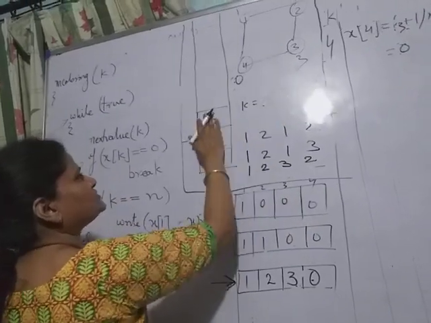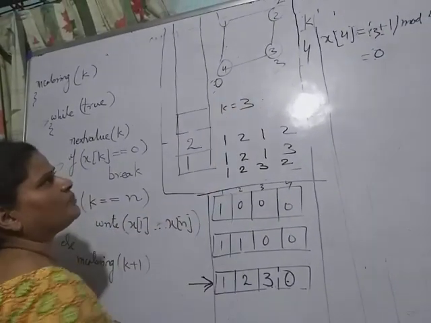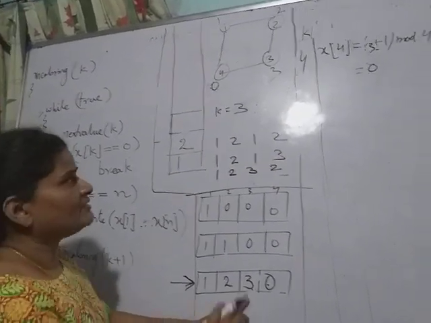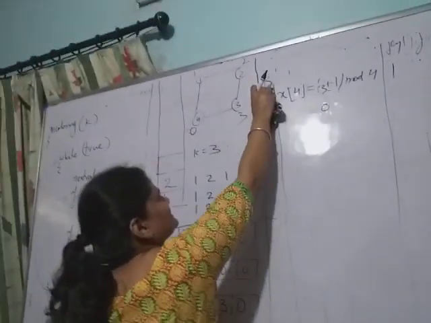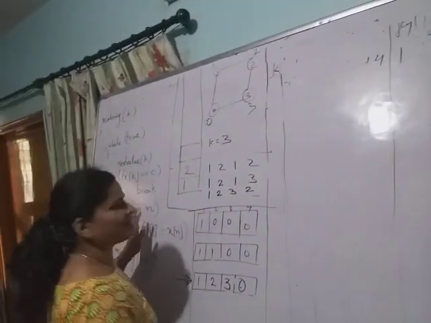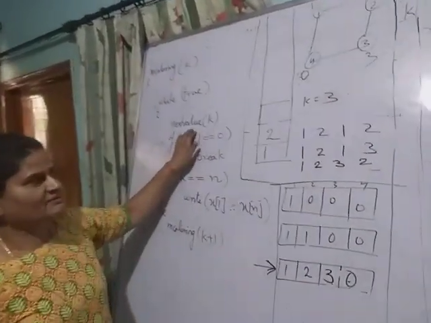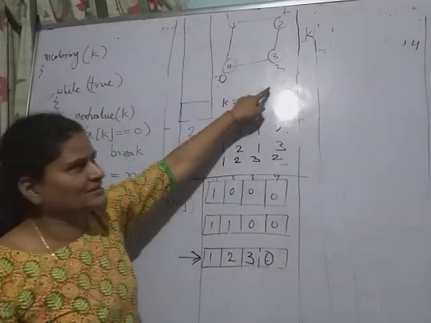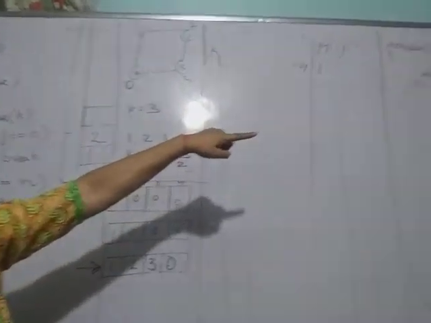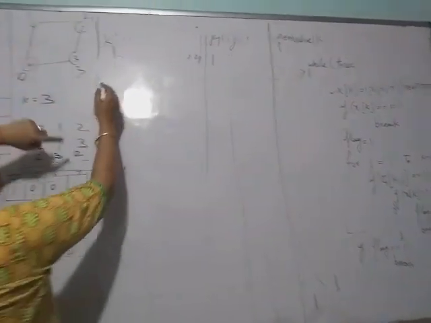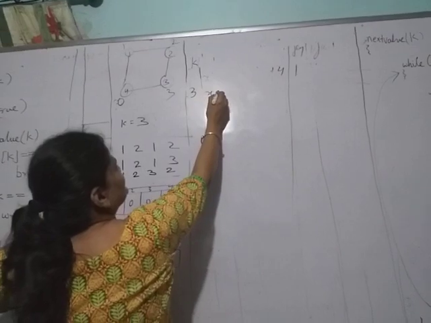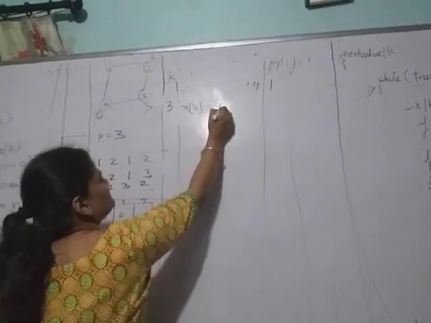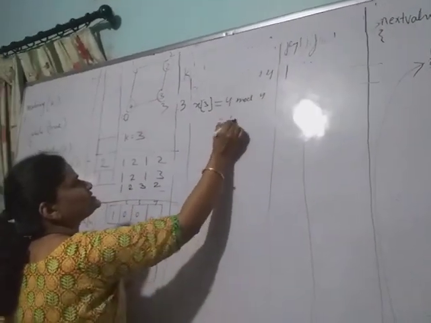The stack is not empty, so again the topmost value will be popped. That is the third vertex. Now the value of k is 3. It will call the next value. Here k is 3, x3 equal to x3 plus 1. x3 is 3, 3 plus 1 is 4, mod 4 that is 0.